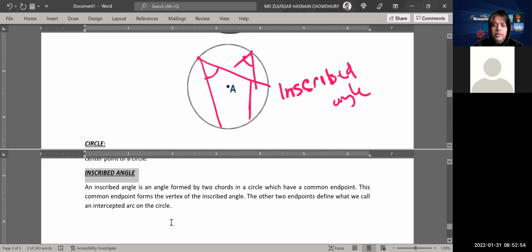Read the inscribed angle. An inscribed angle is an angle formed by two chords in a circle which have a common endpoint. This common endpoint forms the vertex of the inscribed angle.